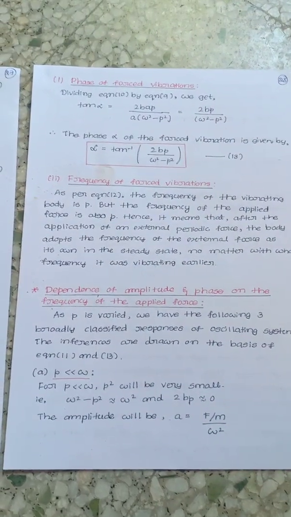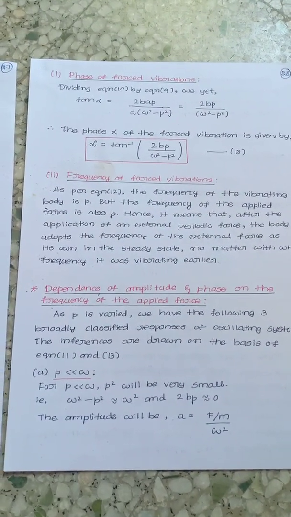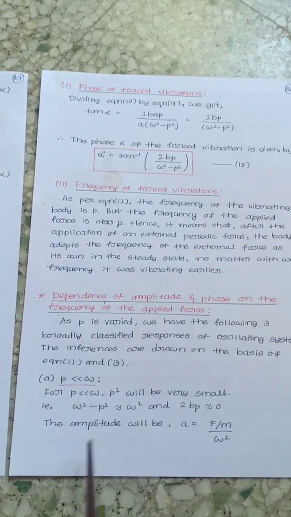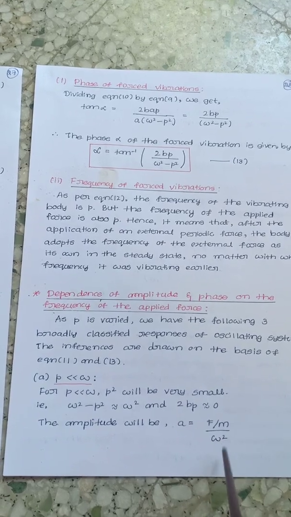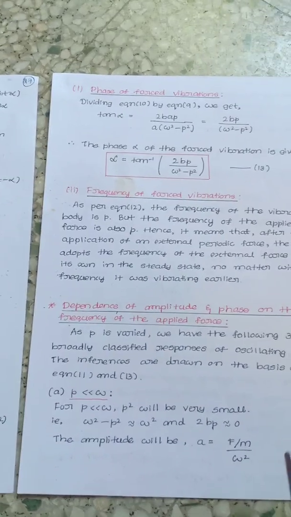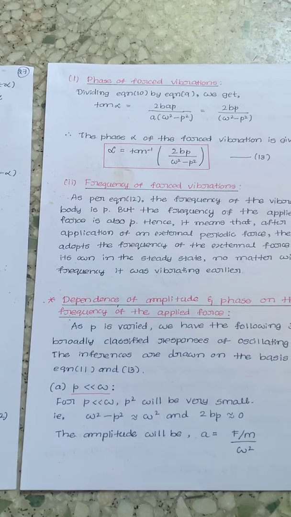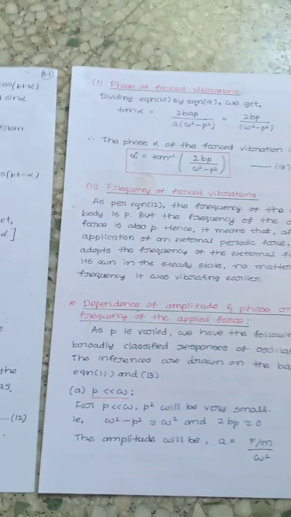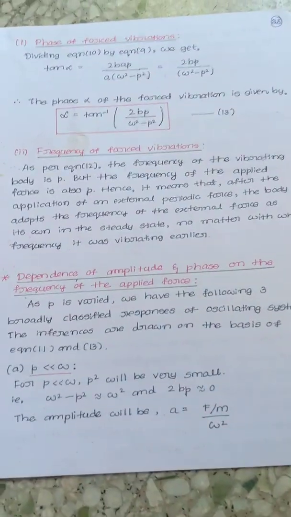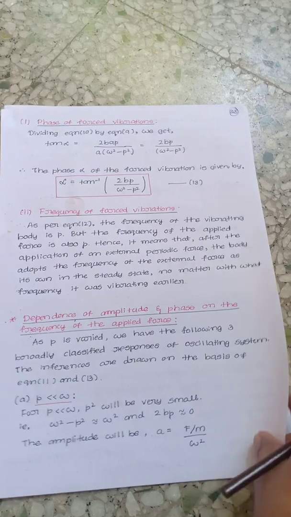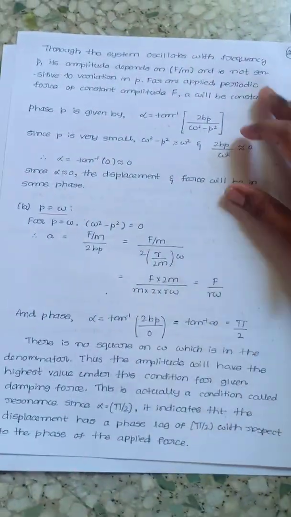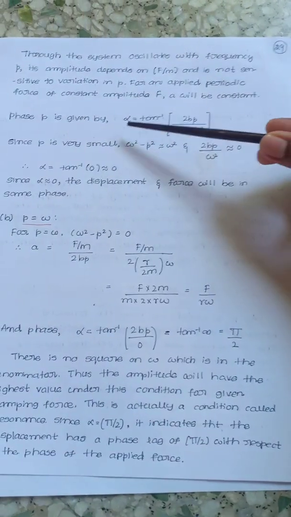Though the system oscillates with frequency P, its amplitude depends on F by M and it's not sensitive to the variation in P. So for an applied periodic force of constant amplitude F, A will be constant, that is, amplitude will be constant.